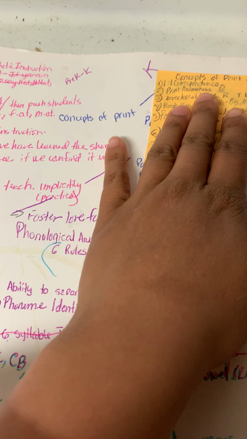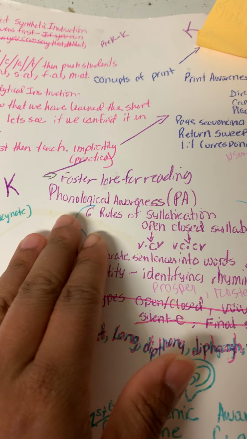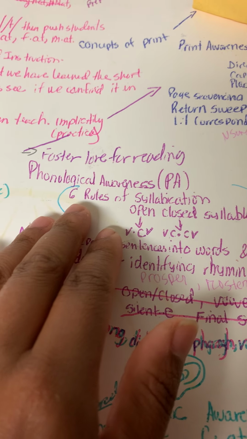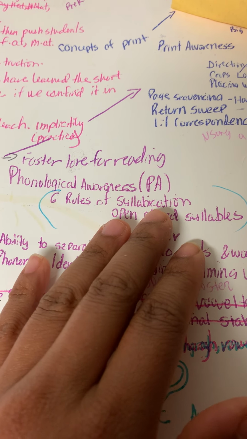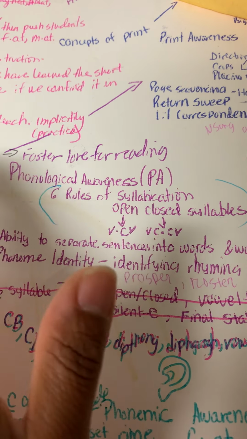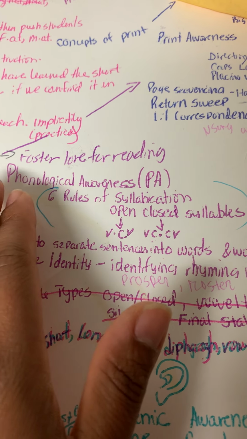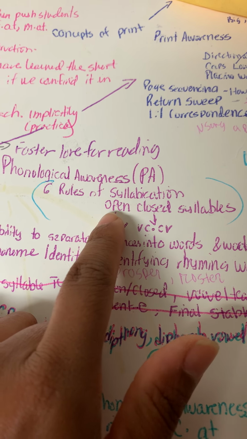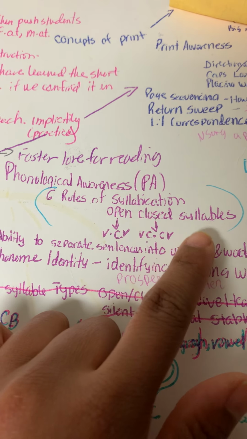So kindergarten: concepts of print and phonological awareness. Phonological awareness includes 6 rules of syllabication, which you can find on your own. But one of the concepts here includes open and closed syllables.